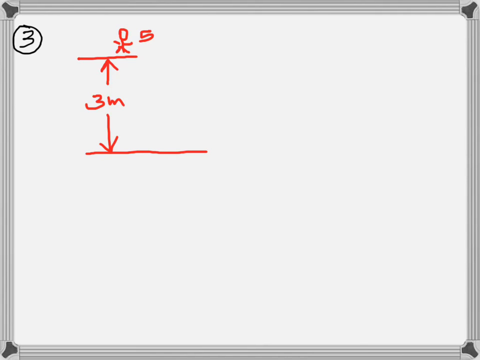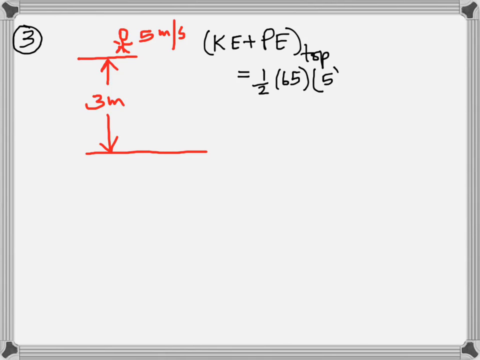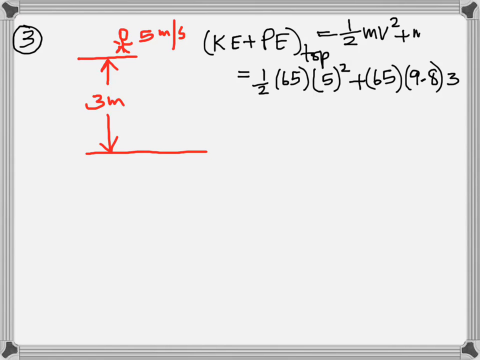So just when he takes off, he has both potential and kinetic energy. But when he lands on the trampoline, his potential energy at that point is 0, because the height is 0 now, because you measured it from the trampoline. And so, using the conservation of energy, the kinetic plus potential at the top should be equal to the kinetic plus potential at the bottom.